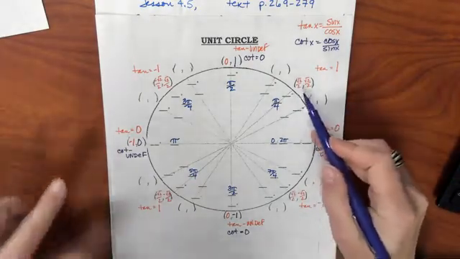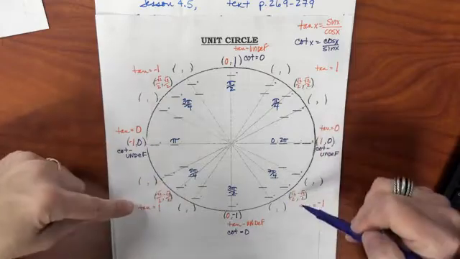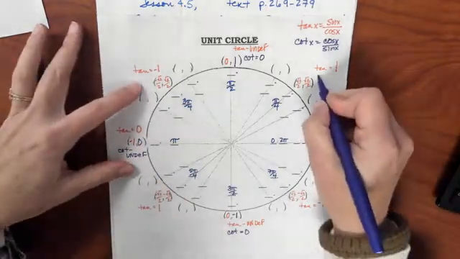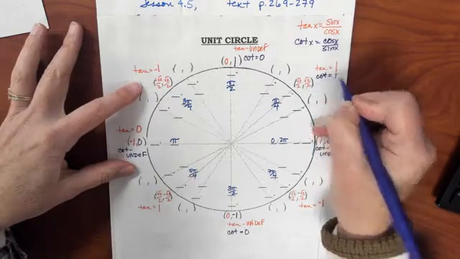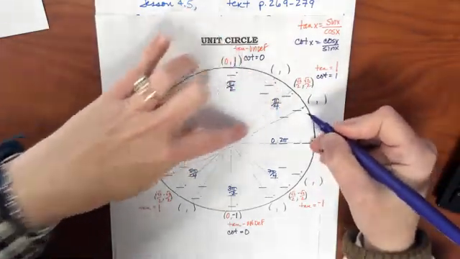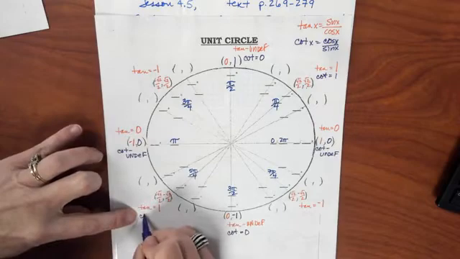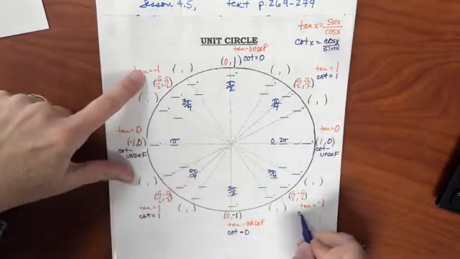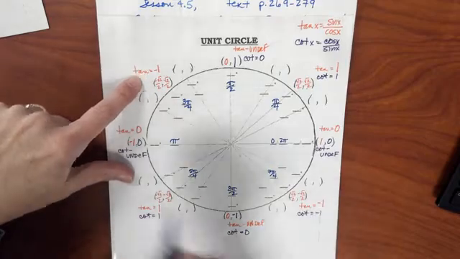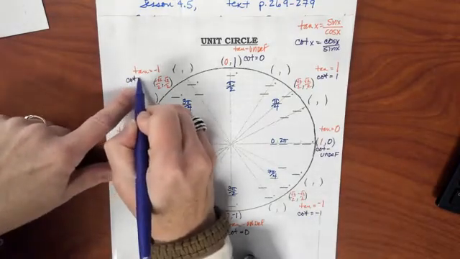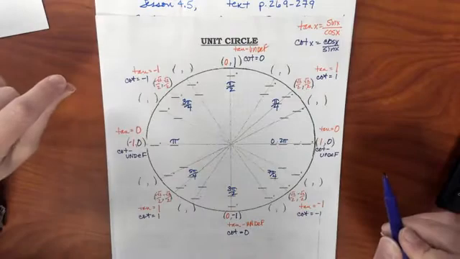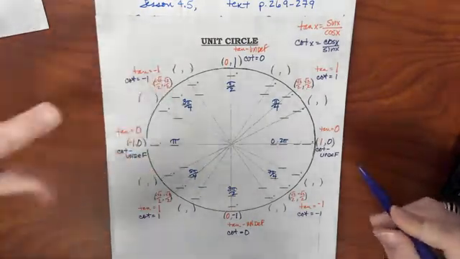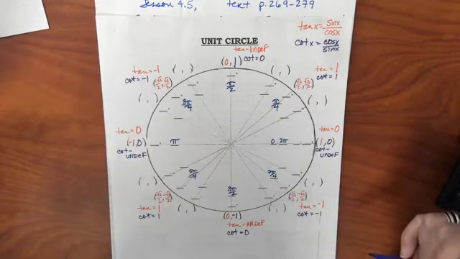Now, at all of the pi over 4s, you're still going to have the same value. So here, cotangent is also 1. And across the circle, this would also have a cotangent of 1. Here, your cotangents are negative 1. So those do not change. The order of the fraction changes, but the value won't change.